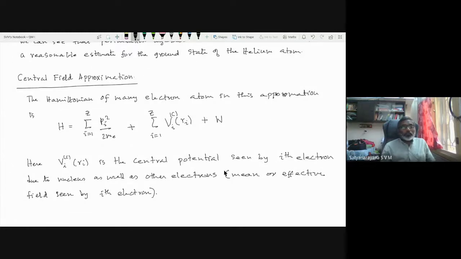Okay, and what other things are there? There may be some non-central part, and there may be some other interactions.